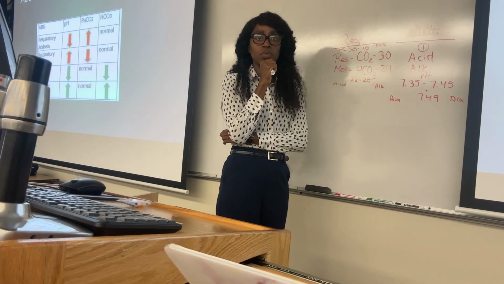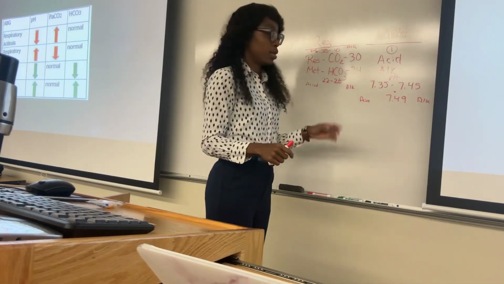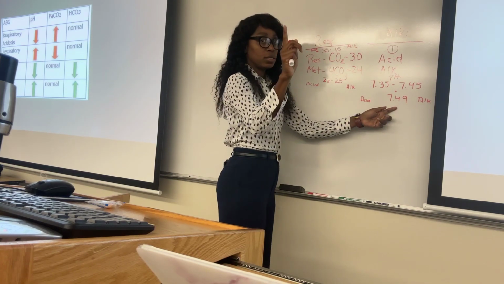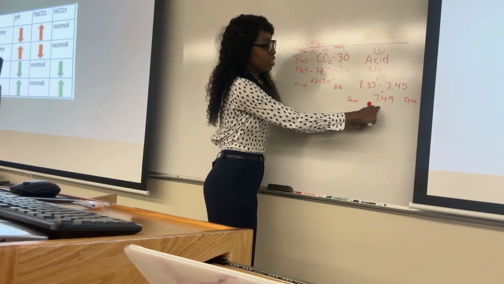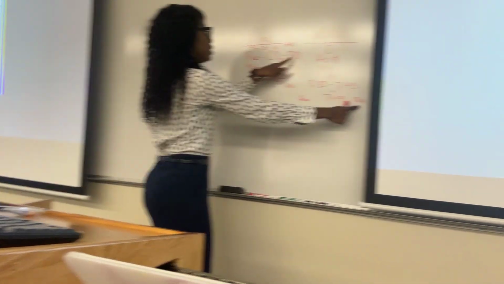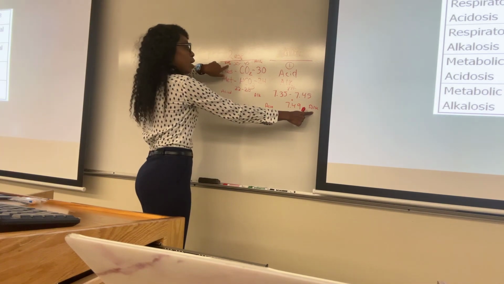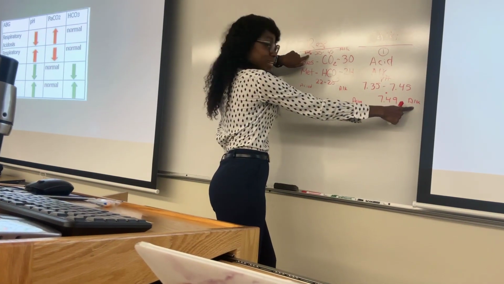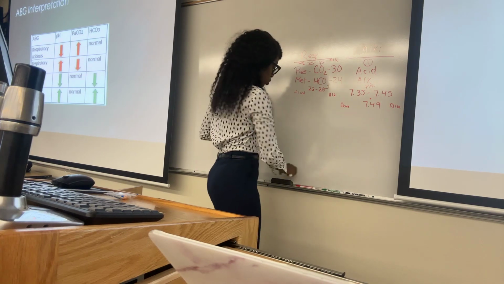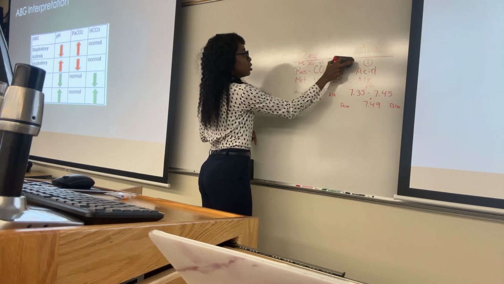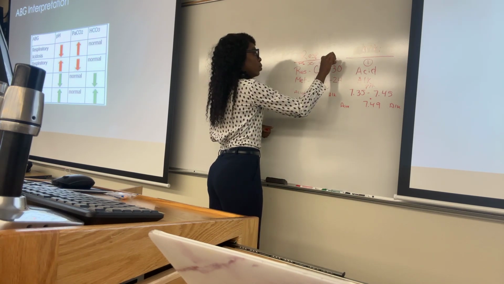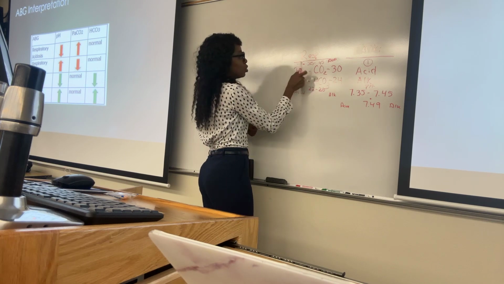So it says if the pH is increased and the CO2 is decreased, it's alkalosis. So say it again. If the pH is increased, which means it's alkalosis, okay? And the CO2 is decreased, which means it's here. That is alkalosis. Right. See, this is acidic here and this is basic.